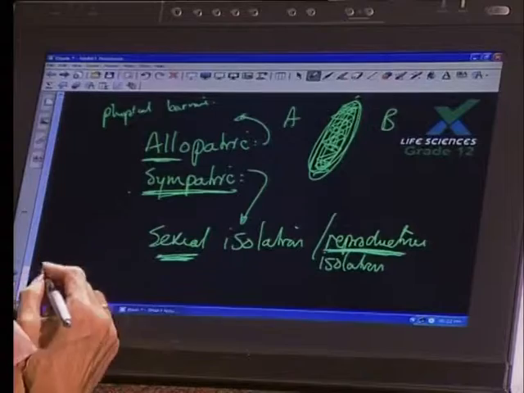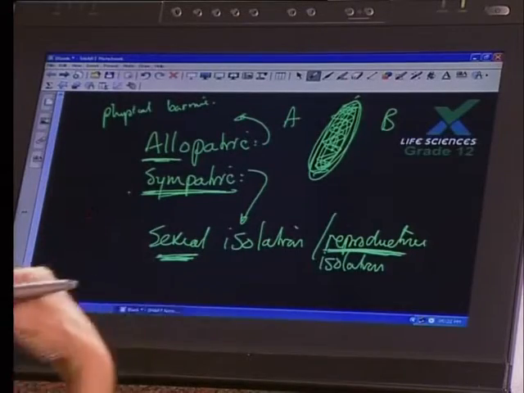Whereas with sympatric, the females just don't like the way the males do their dance, or the mating call, or there's a physical change in the female receptive structure and the male insertion structure. They just don't work together anymore. And when that happens, we have sympatric speciation.